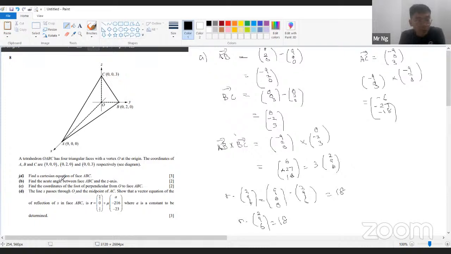Acute angle between ABC and the Z axis. So whenever it's a plane and an axis, always make use of the normal. So what's the normal? The normal is this thing, 296, and dot the Z axis, which is 001.